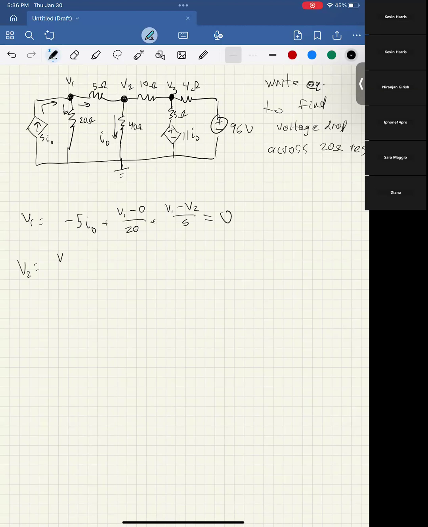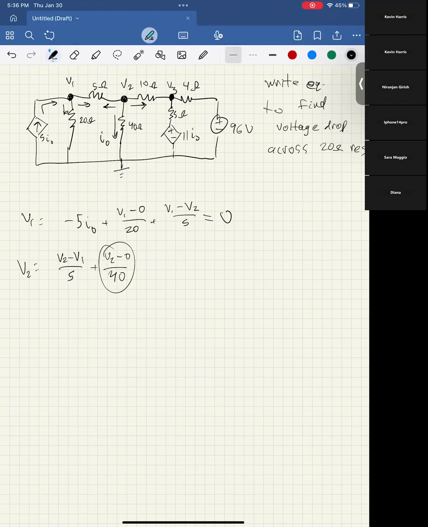Okay, next equation. We've got V2 minus V1 over 5, that's the current going to the left. Then there are two ways you could go about this. You could either say plus I0, or you can say V2 minus 0 over 40.